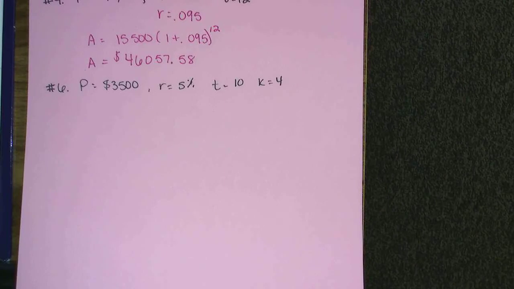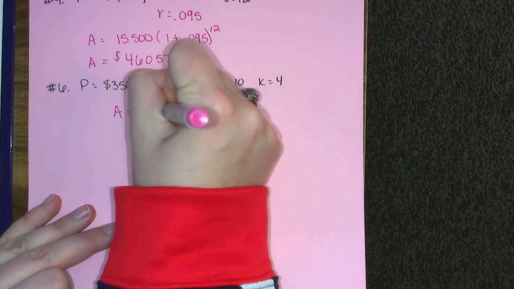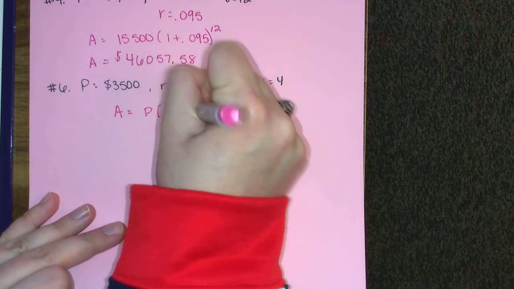Alright, so just to make sure we know what formula we're dealing with here, we've got A is equal to P times 1 plus R over K raised to the KT.